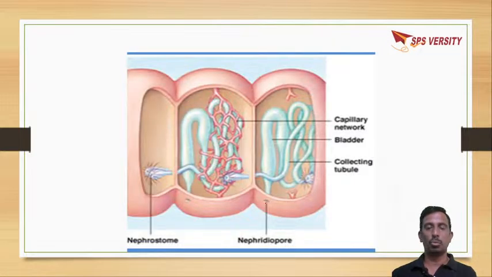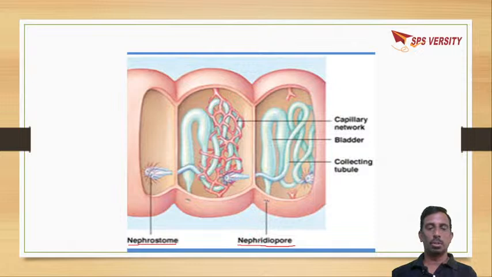And if you look at the structure of a nephridium, it has a funnel-shaped structure, the nephrostome, and this is the tubular body with capillaries. This is the tubular body. And the opening is called the nephridiopore.